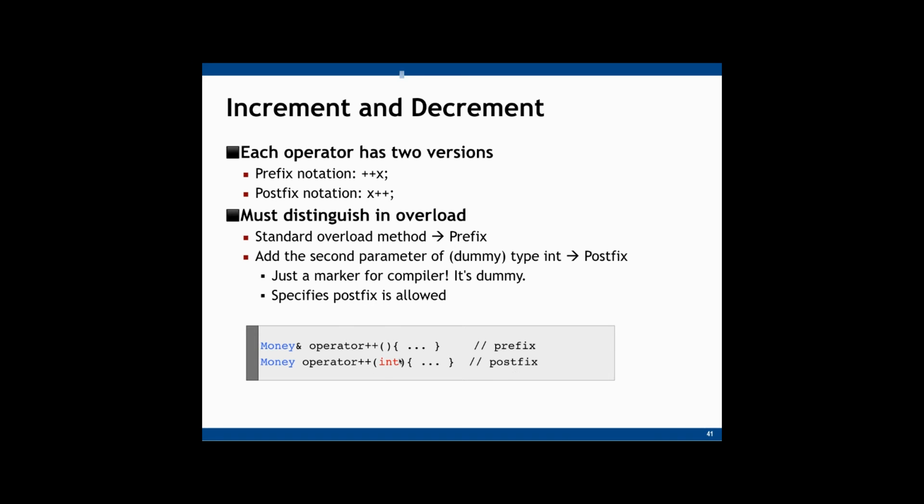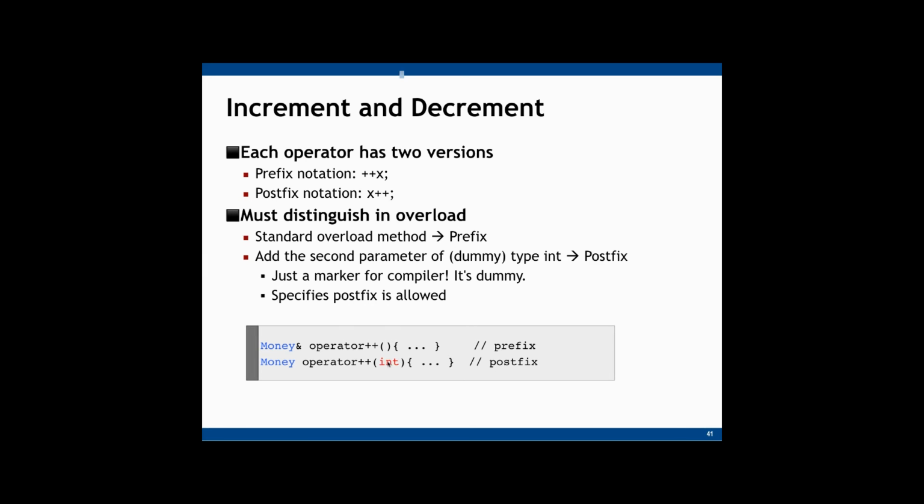Note that int type is for the second parameter, not the first parameter, because this operator is overloaded as a member function. So we learned in the previous session that if we overloaded operator as a member function, the calling object will be the first argument to the overloaded operator. So the calling object, which will be the money type of object, will be the first operand, and this int will be the second operand of these overloaded operators.